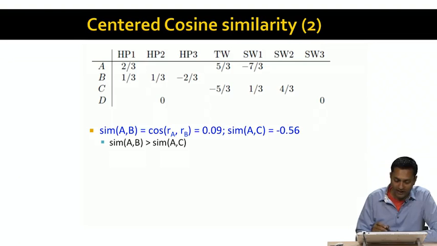The movies that A likes, C doesn't like, and the movies that A doesn't like, C actually likes. And notice also there's a big gap now between the similarity of A and B and the similarity of A and C, which shows that A and B are much more alike than A and C are. In fact, A and C are very unlike each other.